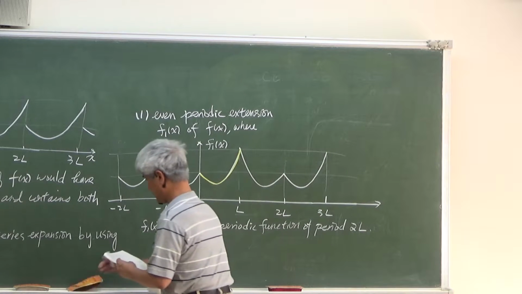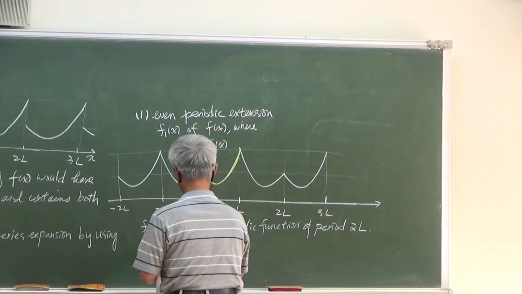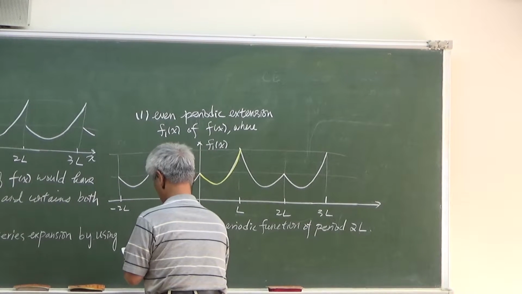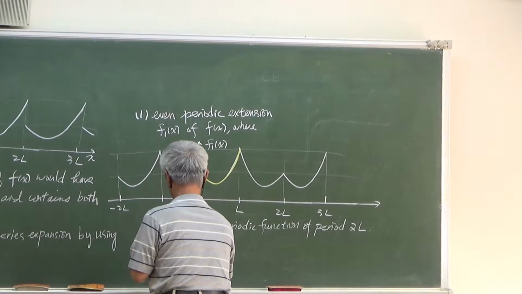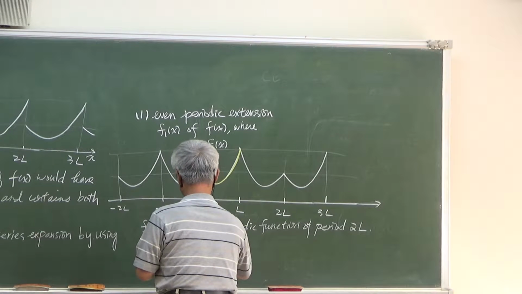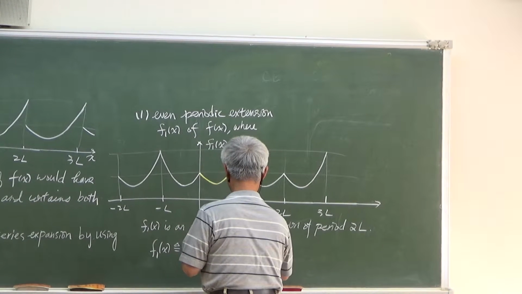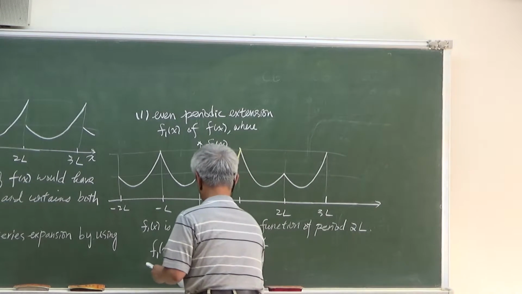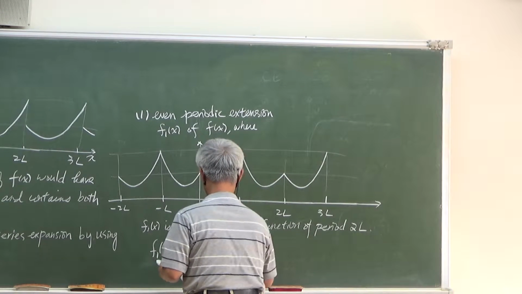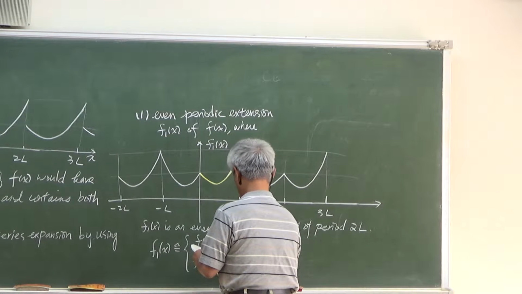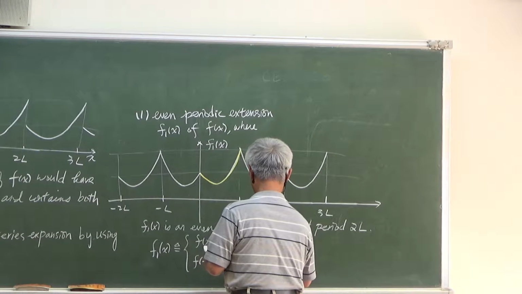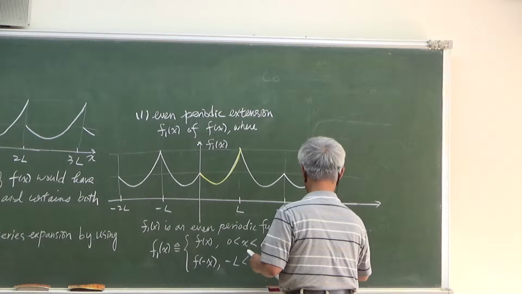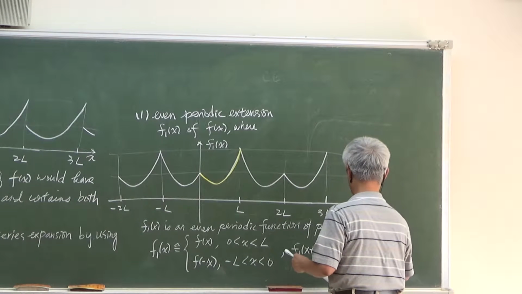And then how do we construct that? Well, f1(x) is defined to be f of x when x is between 0 and L, and f of minus x if it's between minus L and 0, and f1(x+2L) is equal to f1(x).